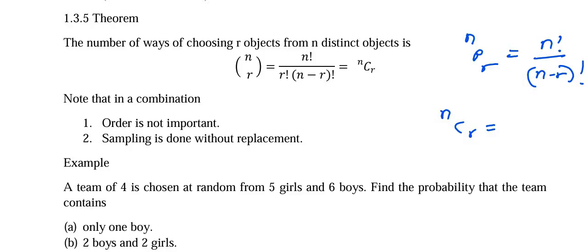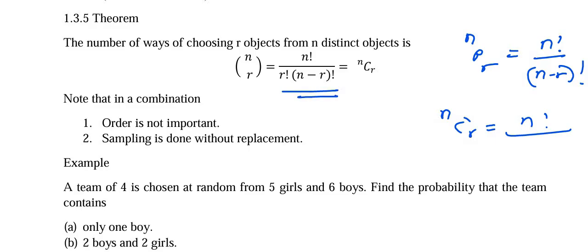Then here the number of ways that we can choose R objects from n objects is this formula, the one that you had in first year. It's R factorial times n minus R in brackets with a factorial.